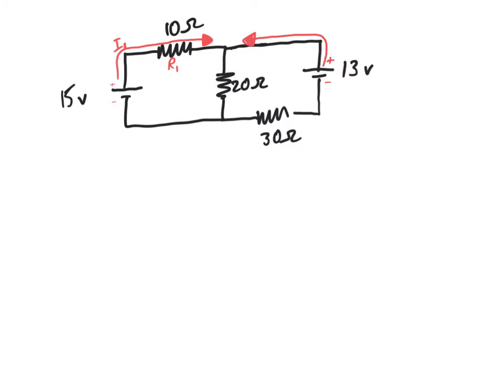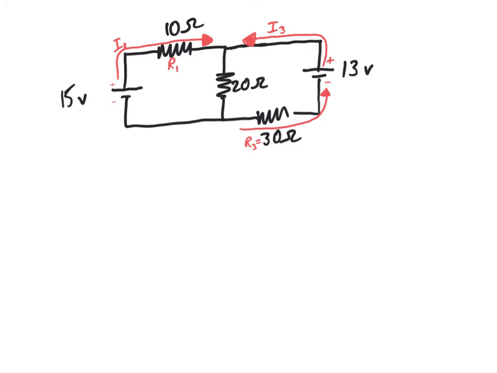That's the same current that is going through the 30 ohm resistor, which I'm going to call R3. As such, that is going to be I3 pointing through. So I got those 2 directions from the battery.